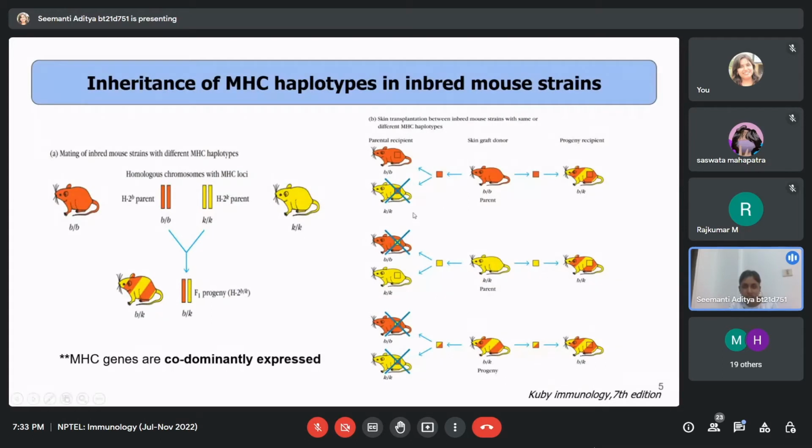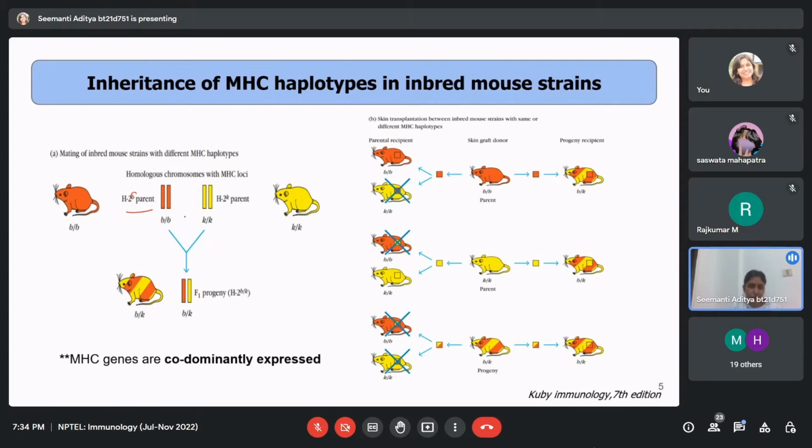So what is the inheritance of MHC haplotypes? It can be explained in terms of inbred mouse strains. Suppose you have a mouse with an H2B parent, because in mice the MHC nomenclature is H2 genes. Here we are using a B type of gene for mouse A, and a K type of gene for mouse B. So this is the mother and this is the father, suppose.